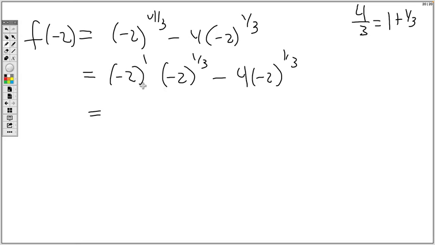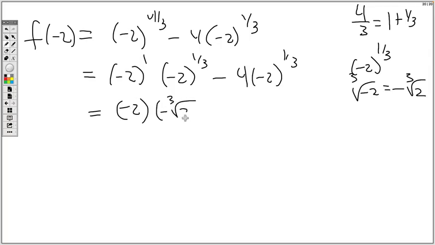So here I've got, once again, -2 to the 1/3 is the cube root of -2. And what can I do with the negative under a cube root? Move it out. So I'm going to have a -2 times a negative cube root of 2 minus 4 times a negative cube root of 2.